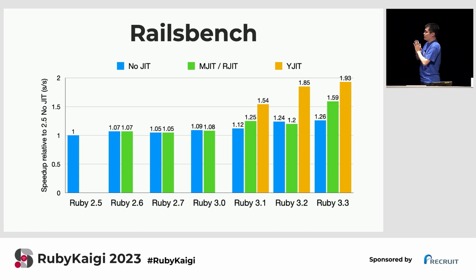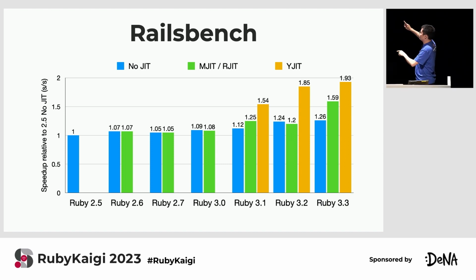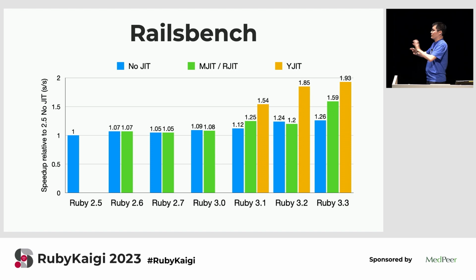The reason why we are working on JIT is this graph of performance from Ruby 3.3. The blue graph is the interpreter, no JIT compiler. The green graph grows a lot in Ruby 3.3, which is MJIT and then replaced by RJIT, and YJIT is the yellow bar. If you compare the blue with the green and yellow, the yellow bars show much higher growth than the interpreter.